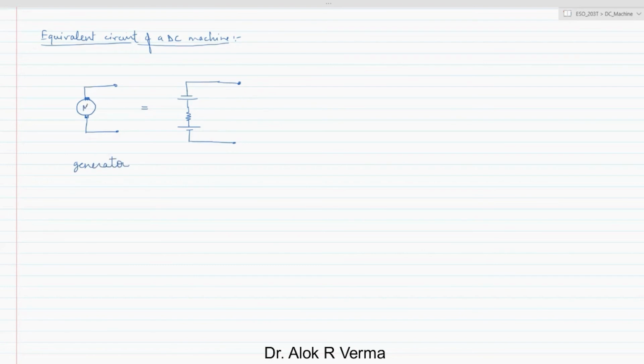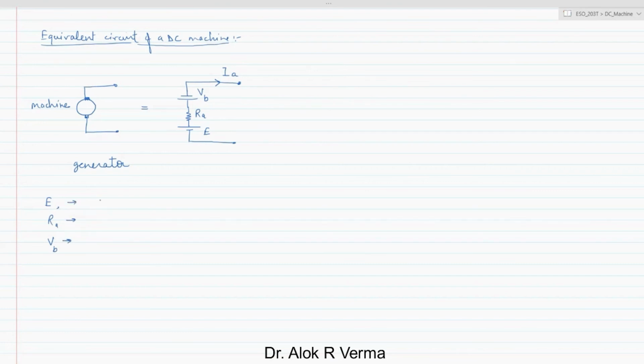So this is your machine. I'll write M, not motor, I'll write machine. For any electrical machine, if it is a generator, the armature will have a voltage E, then some drop in the armature resistance RA, and the current will be flowing as IA. And this is the voltage drop VB. So we have three quantities here: E, RA, and VB.